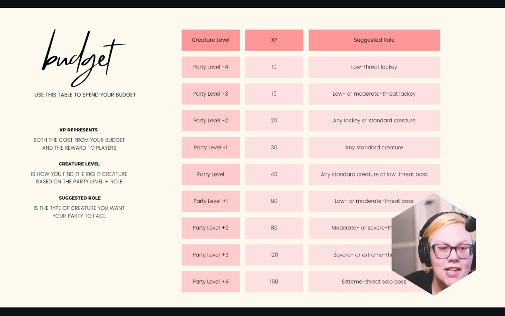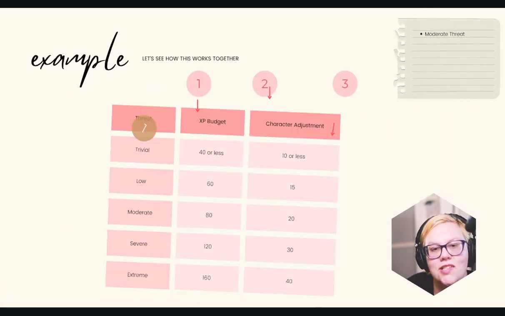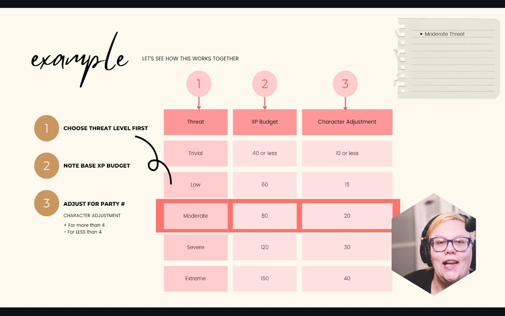XP represents both the cost to your budget and, I believe, the reward to the players, if I'm not mistaken. And the creature level is as simple as figuring out what kind of creature in that suggested role and then going to the left to find out what level it should be. That's that table. Pretty simple. Let's move into our actual example.